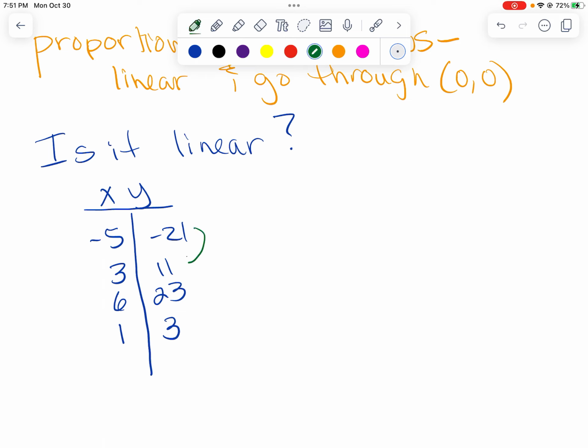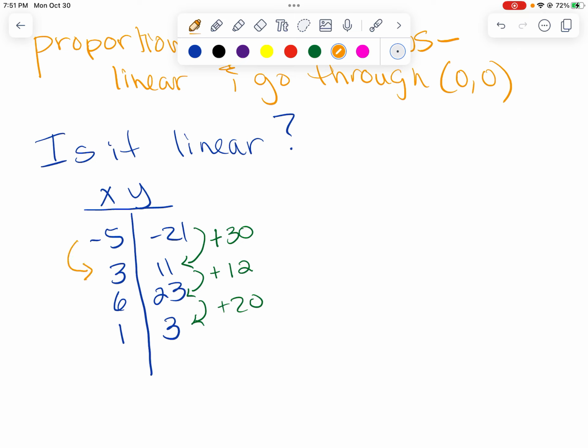All you have to do is look at this. So to go from -21 to get to +11, you went up 30. To go from 11 to 23, you went up 12. And here you go up 20. Then I look over here.